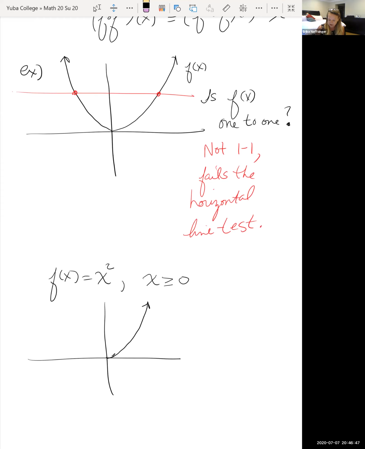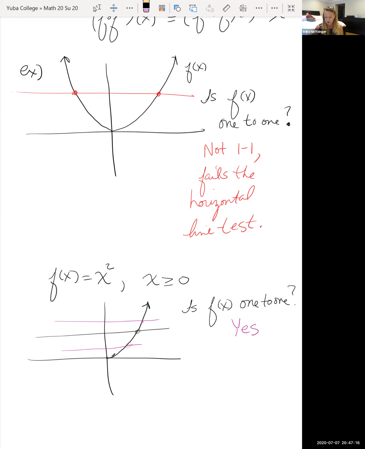And now if we ask, is this one-to-one? If we draw a horizontal line anywhere on here, it's only going to intersect this once. And so it is a one-to-one function.